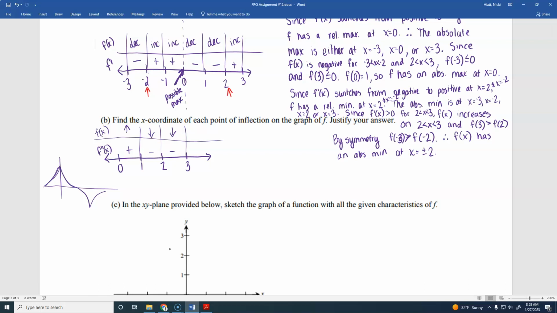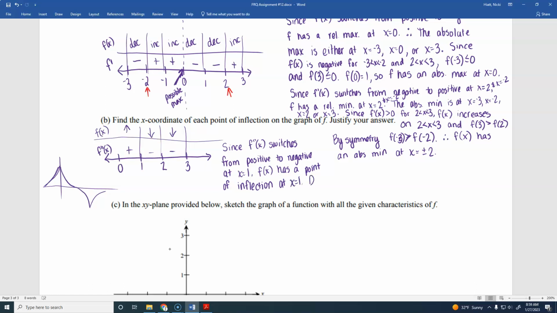We could say, or this is probably just the way I do it, since f double prime of x switches from positive to negative at x equals 1, f of x has a point of inflection at x equals 1.